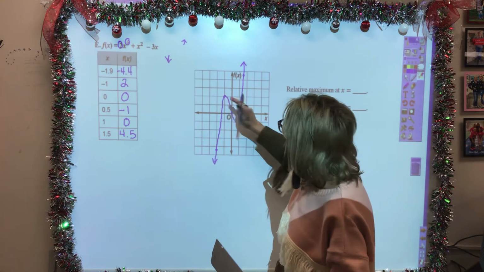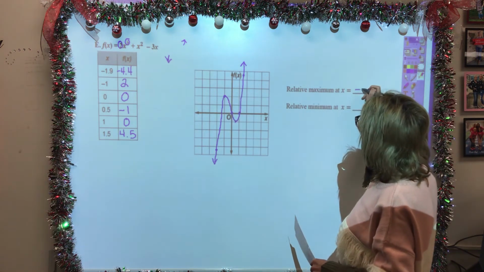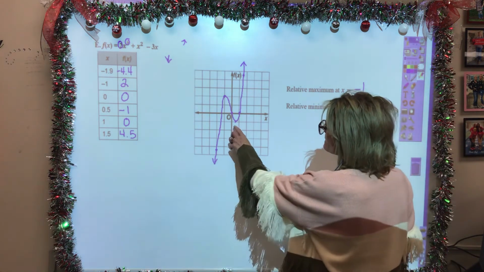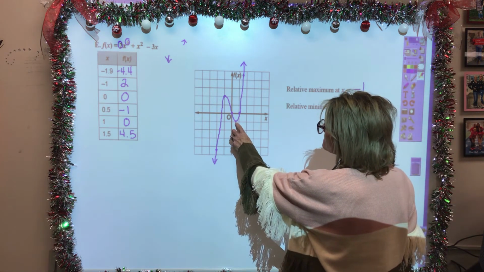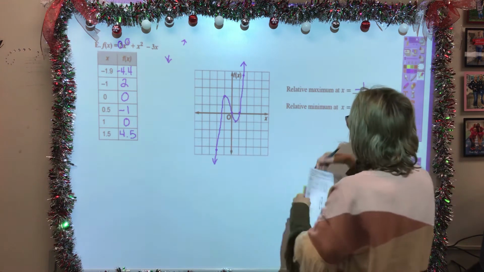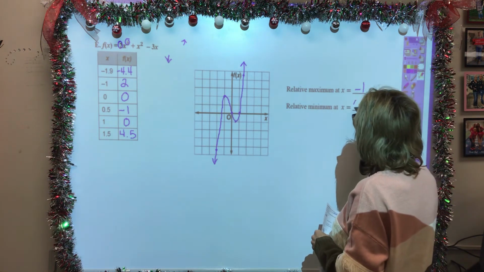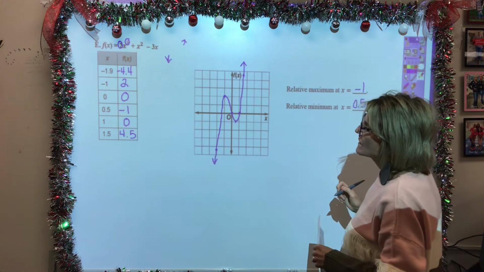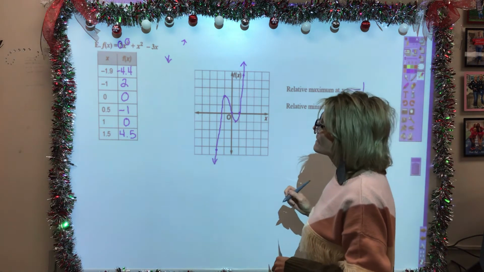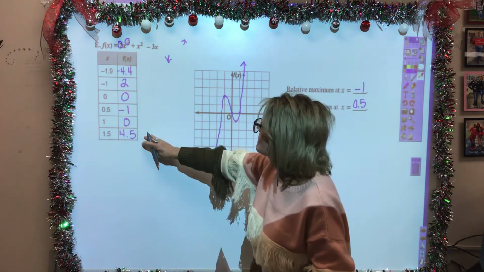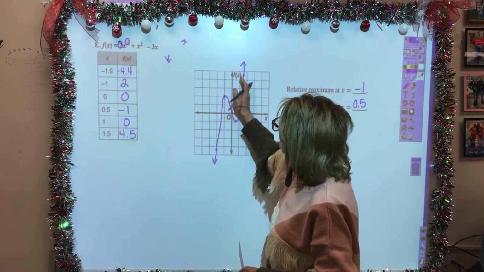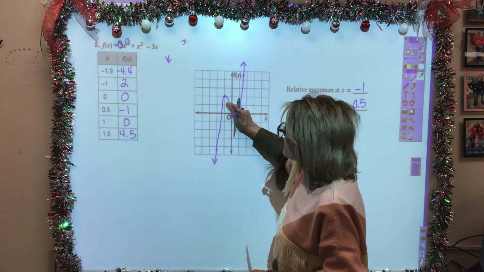So this peak is when x is at -1, and this valley is when x was at 0.5. Okay, so even though this is the highest number on our graph, we're not turning around after that point.